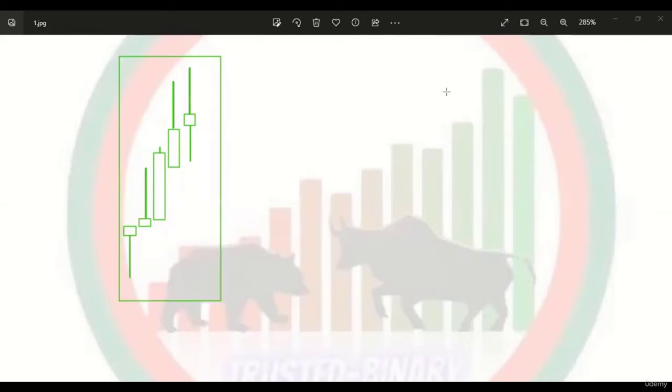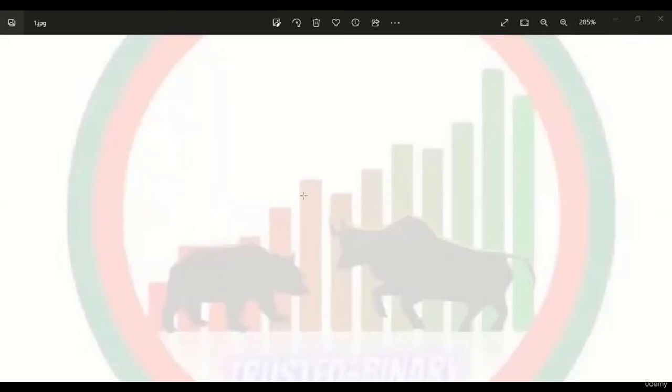Okay. But I am talking about a very good market condition when there is no volatile situation. The market is just creating this type of candlestick normally, this type of candlestick, this type of candlestick.